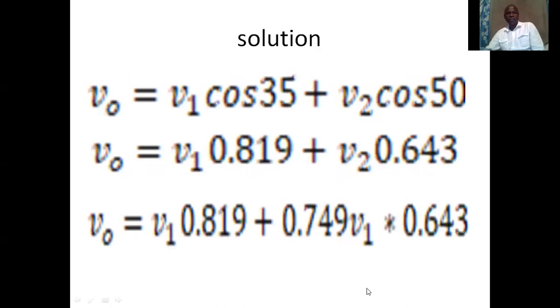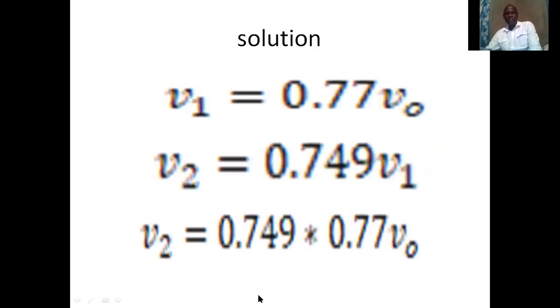And so you substitute it here, 0.749 V1 multiplied by 0.643. And meaning that now we can easily multiply these two and add it to V1 times 0.819. Okay, so this is what you get.